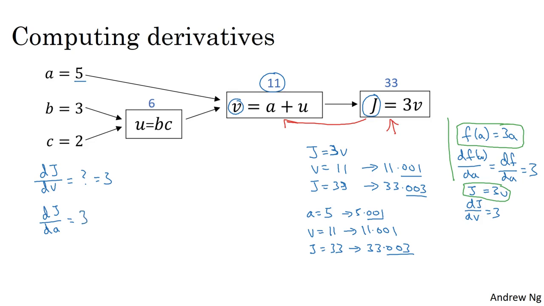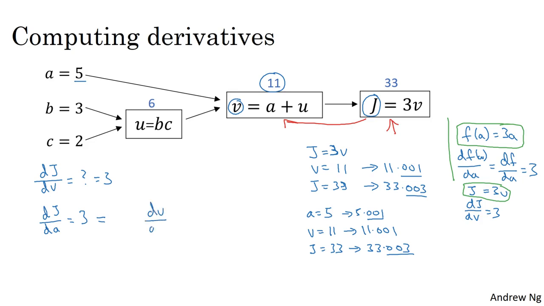And one way to break this down is to say that if you change a, then that would change v, and through changing v, that would change j.